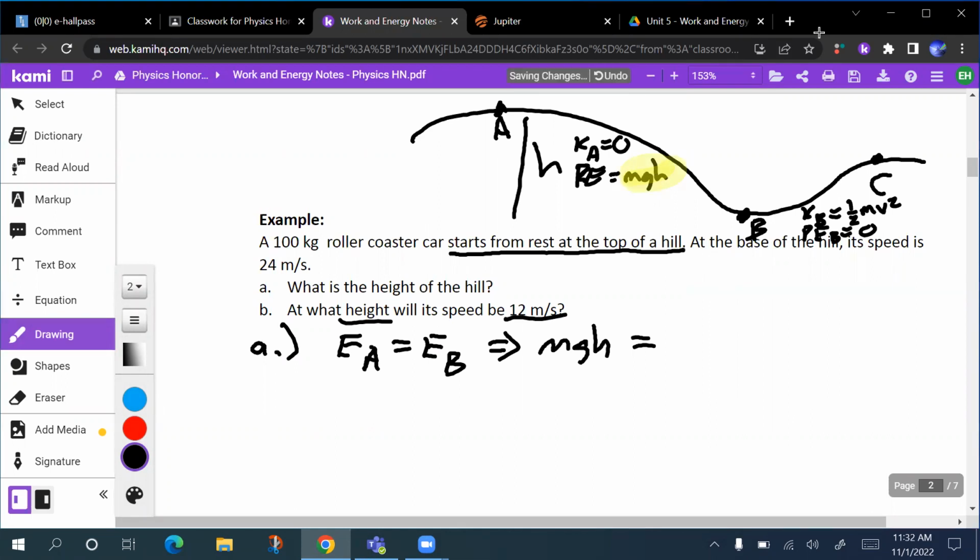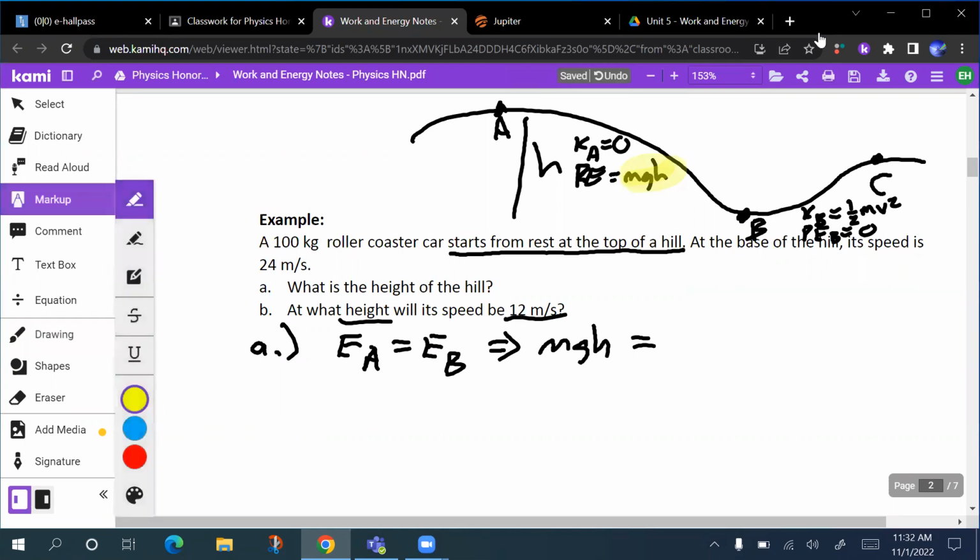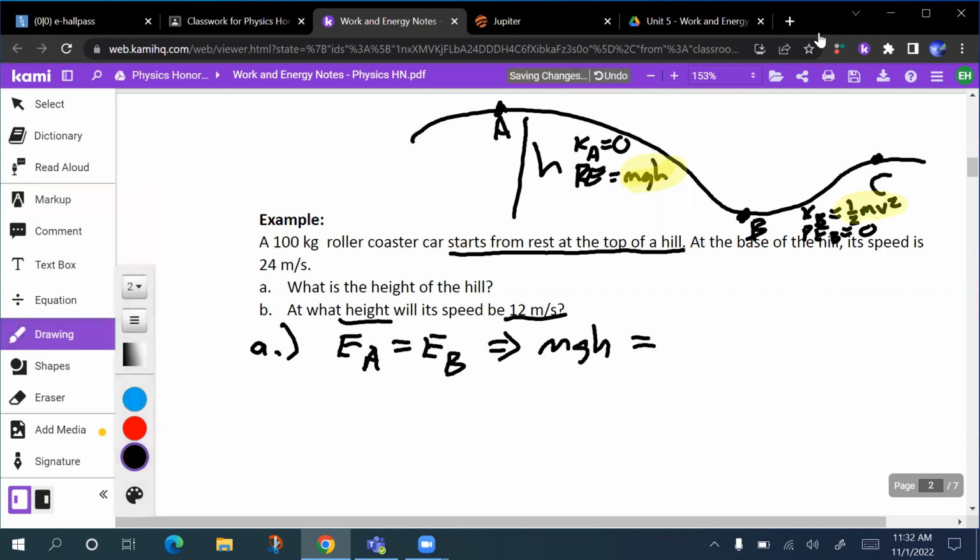Now you do the same thing at B. What's the total energy at B? Well, it's just the kinetic energy at the bottom of that hill. So we replace EB with 1/2 mv squared. So what you end up doing with conservation of mechanical energy is you don't choose an equation like you once did in kinematics. Instead, you synthesize, you create the equation based upon the energies involved.